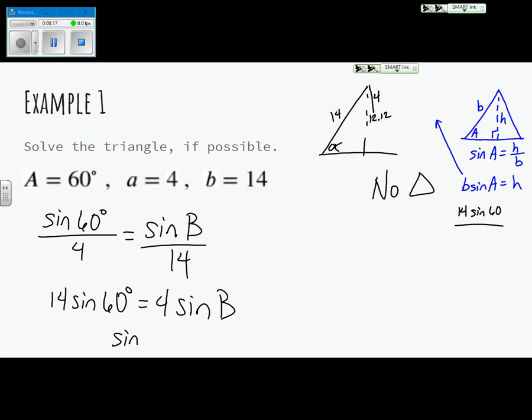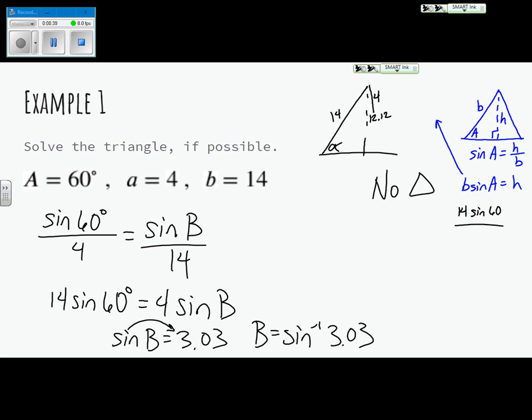Haven't found my final answer yet, so I'm going to keep an extra decimal. Now, in order to find out what B is, remember I'm going to take sine inverse of this. So B will equal sine inverse of 3.03. You can go ahead and do that in your calculator. I know good and well my calculator is going to say error.